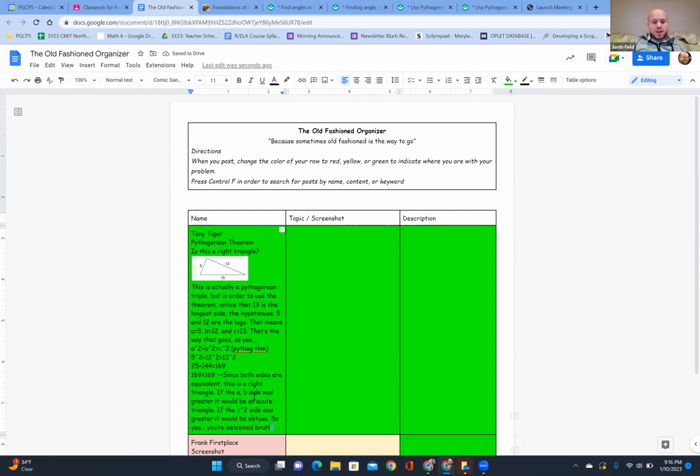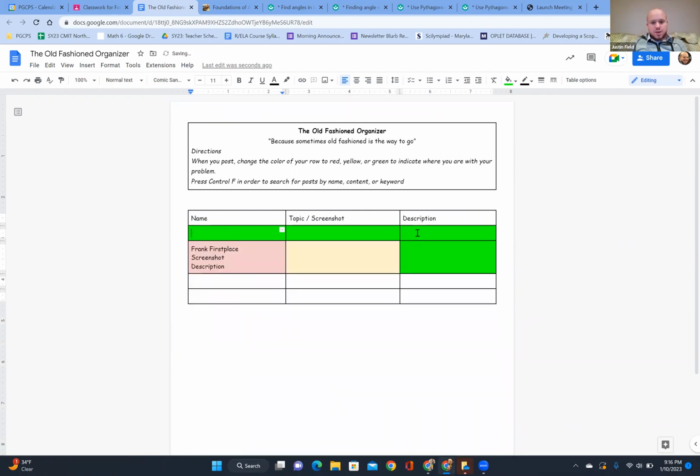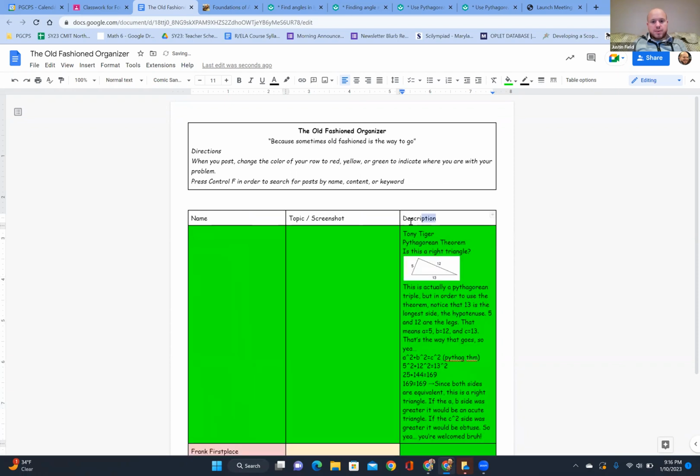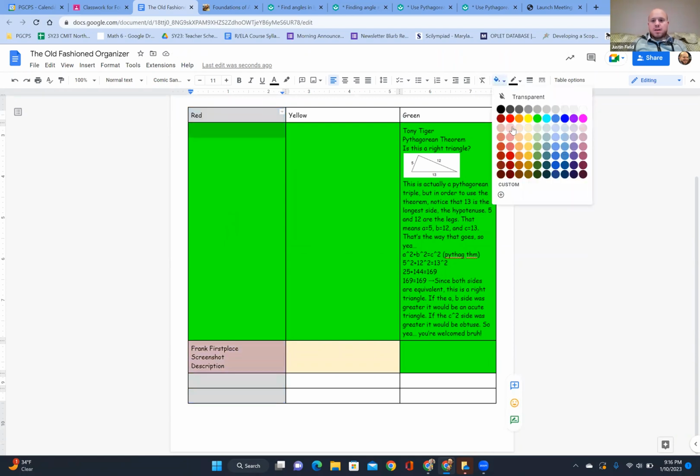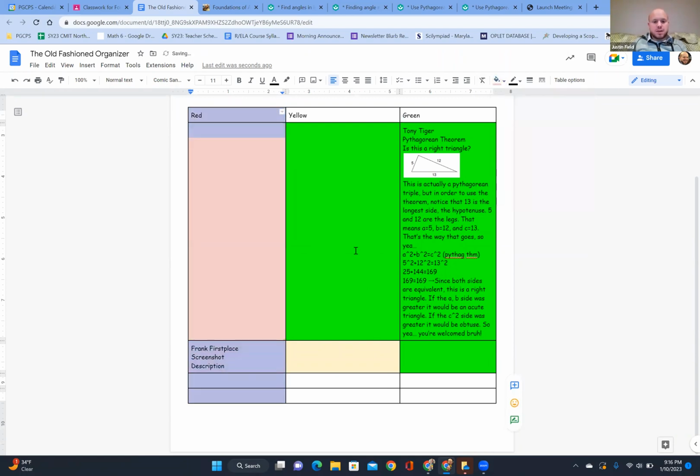Oh, but actually, this would be Tony's green problem. So just put that green, yellow, red. But actually, this way we can just have our column, ta-da, and yellow.